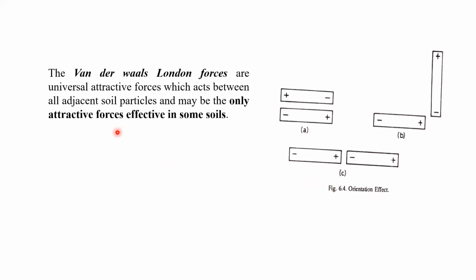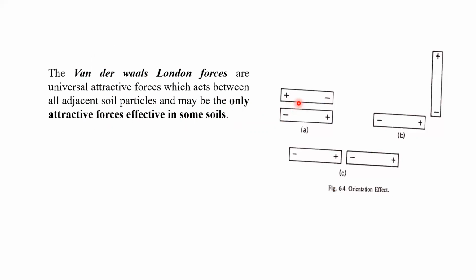We can see here, Van der Waals-London forces are called universally attractive forces, which act between all adjacent soil particles and may be the only attractive forces effective in soil. In some soil, maybe only these forces will be effective. So what is going to happen with the two particles? The positive charges and the negative charges, and the water is also there.